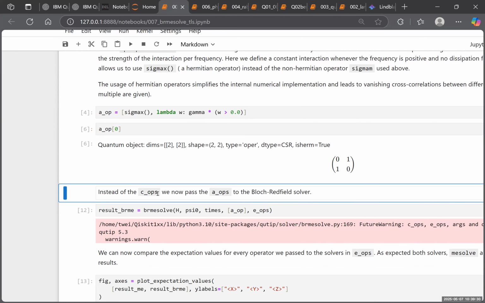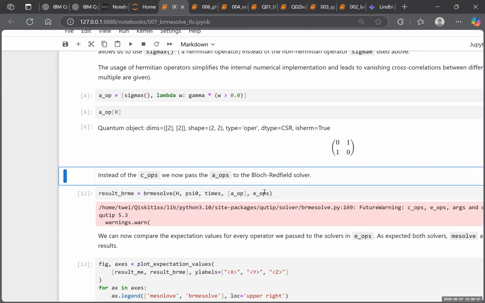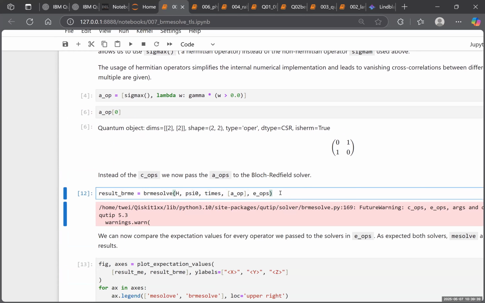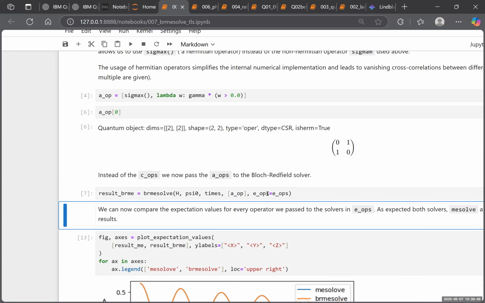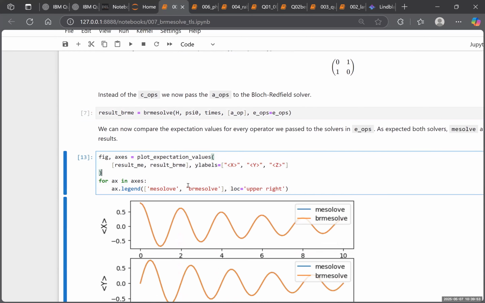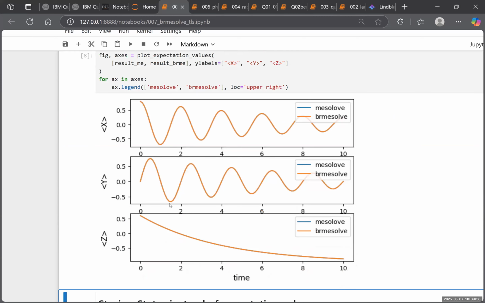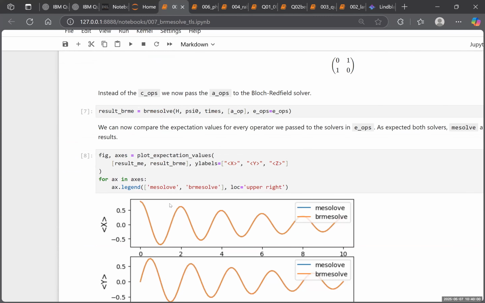Okay, instead of C up here, you pass this A up to the Bloch-Redfield master equation to solve that, which also uses the keyword. And you compare the two. Essentially, there's not much difference in this particular case.